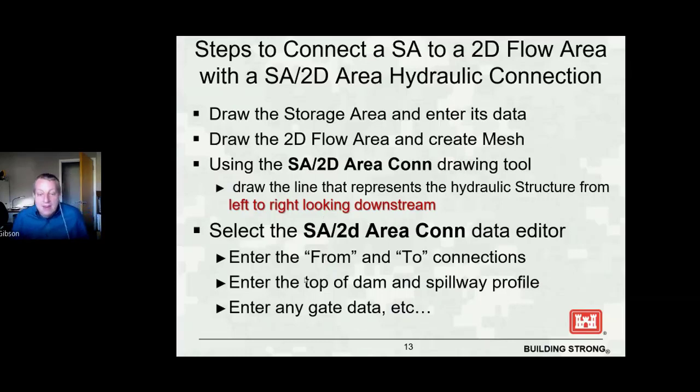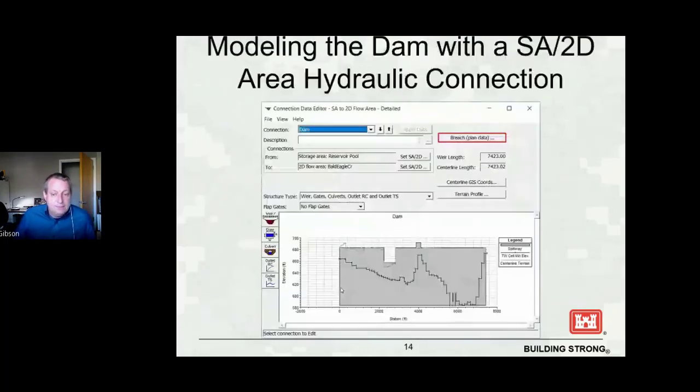Then you have to tell the model where is from and where is to. We're talking about the downstream direction, but there's no stream center line to tell the model what's downstream, so you actually have to give the storage area 2D connection that directionality. And then for any gate data, you define the where and enter any gate data.